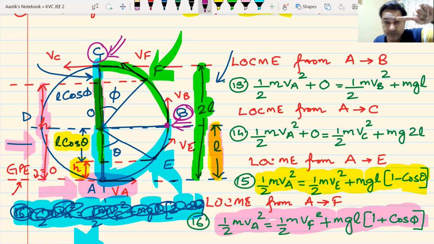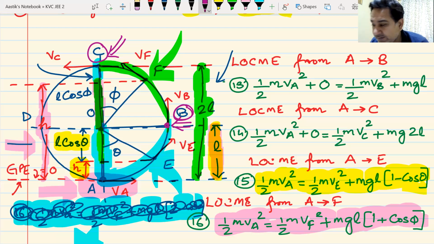Number 1, it remains between A and B. Number 2, it reaches till B and then moves in a semicircle from A to B, then back to A, then to D, then to A, then to B. The third possibility is it remains somewhere between B and C. What will happen in this case, we will see. The fourth possibility is it just reaches point C.